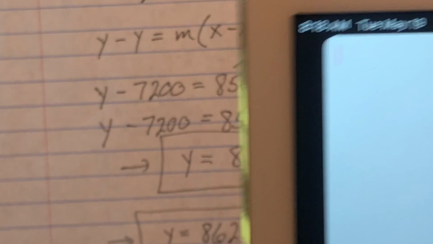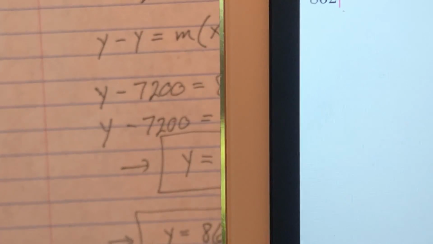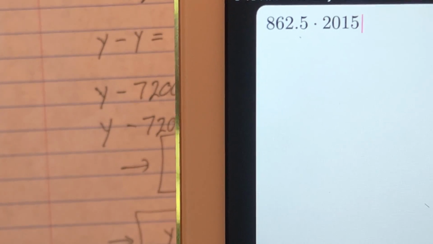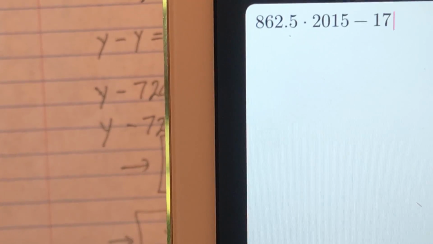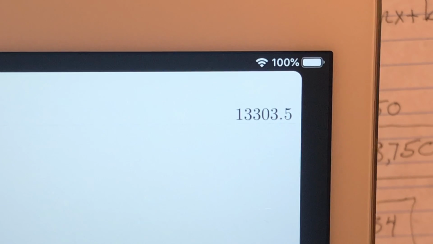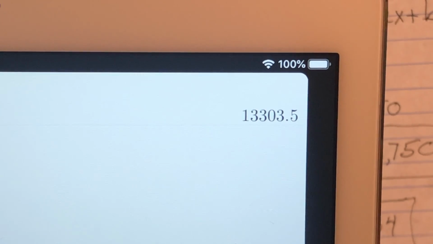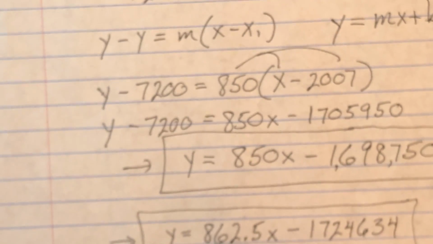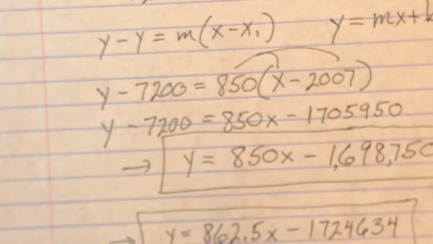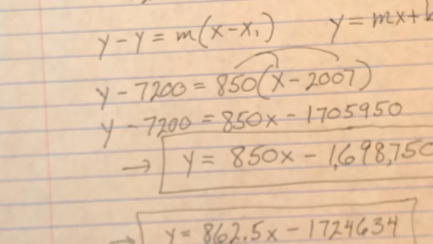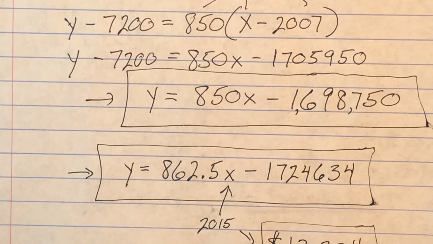On your calculator, you could just type in 862.5 times 2015 minus 1,724,634. And according to our linear regression model, they should be asking $13,304 if we rounded it off. So a 2015 should be this much. What you use linear regression for is to make predictions.